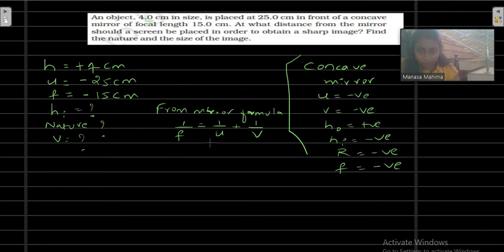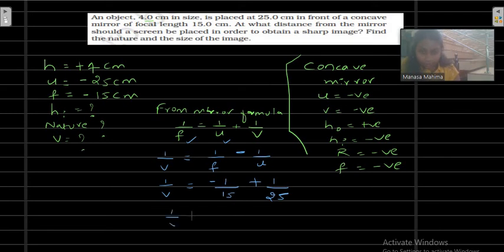You know the value of f and u, but you don't know the value of v, so I need to solve for v. 1 by v is equal to 1 by f minus 1 by u. So 1 by v is equal to, since f is negative, minus 1 by 15, and u is also negative, so here negative will be positive, so plus 1 by 25.